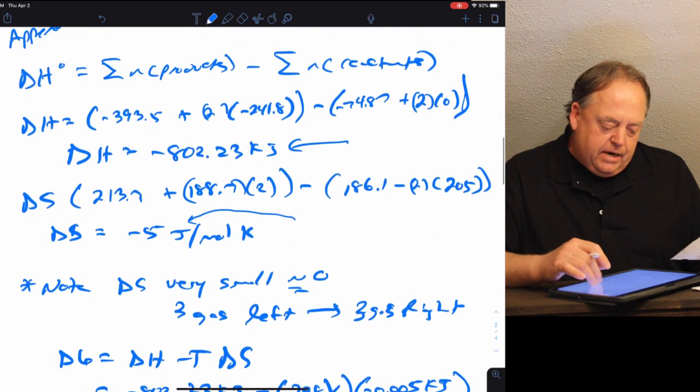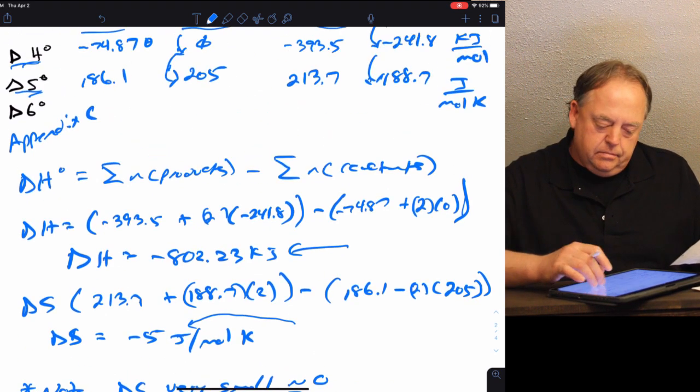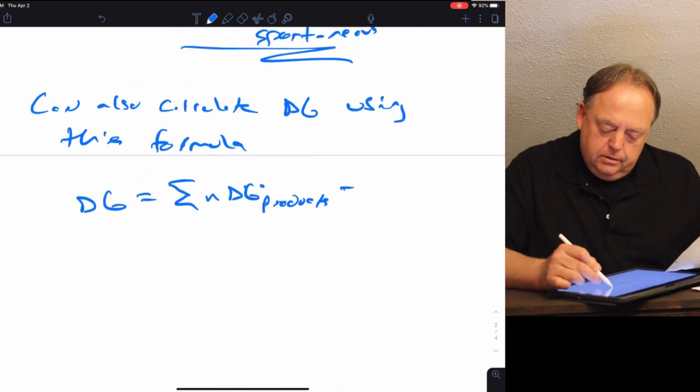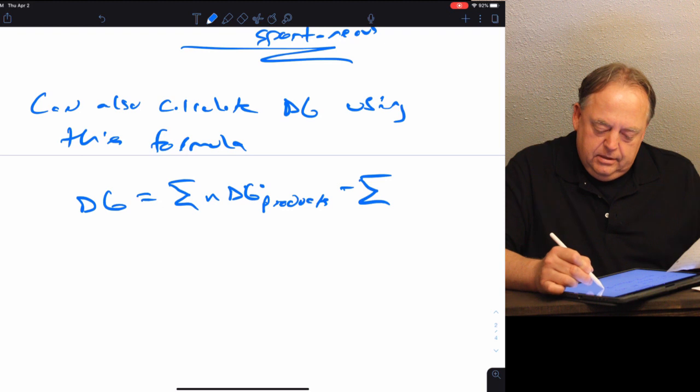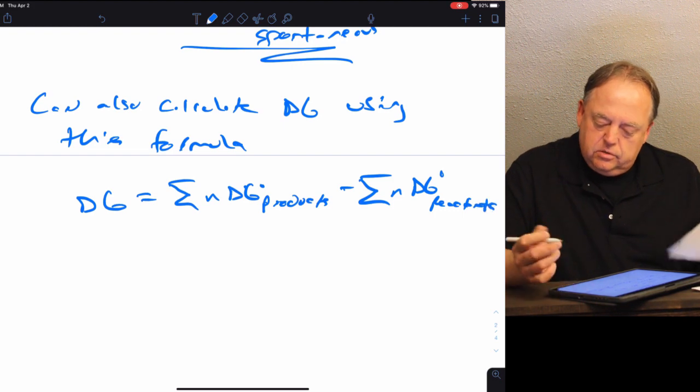There are thermodynamic values for delta G in the appendix as well for each of these different compounds. So you can look up the delta G values for the products, sum them up, sum the delta G0 for the reactants, and subtract the two.